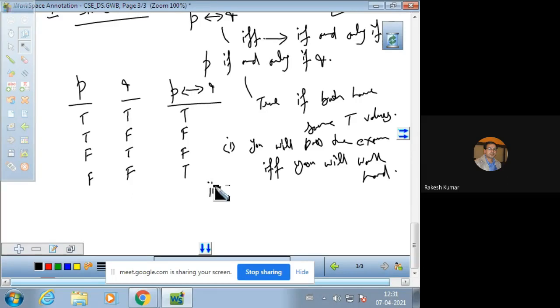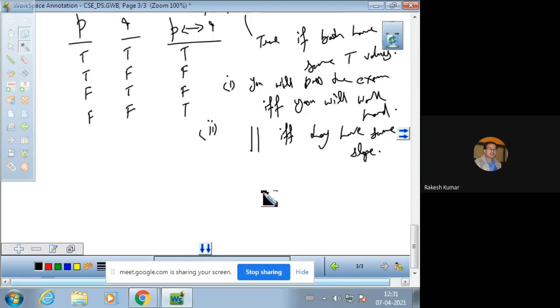One more example is there from mathematical point of view. Two lines are parallel if and only if they have a same slope. It is clear from mathematics point of view. अगर दो लाइंस पैरेलल लाइंस हैं, पैरेलल लाइंस के बारे में मैथमेटिक्स में आपने पढ़ा हुआ है.